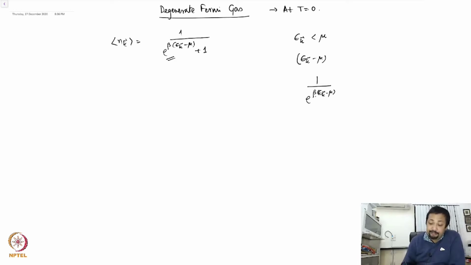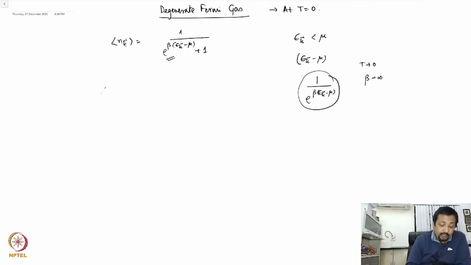And in the limit of T to 0, or exactly at T equal to 0, beta is infinity, so that this term vanishes, and therefore you have average occupation number equal to 1 for all energy levels epsilon_k which are less than or equal to mu.